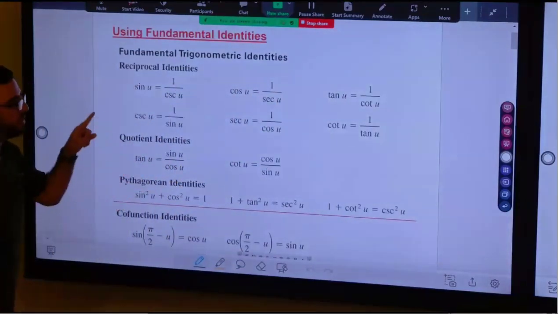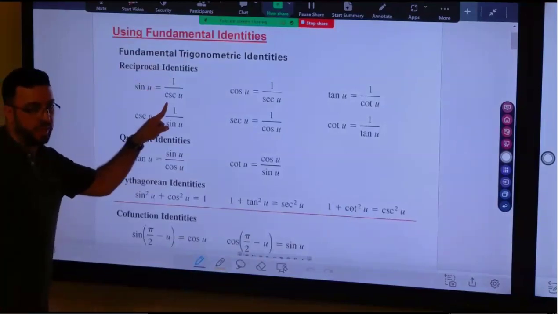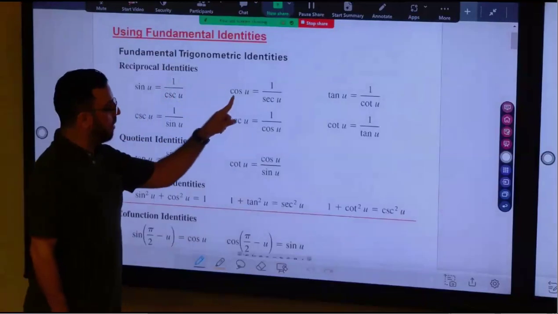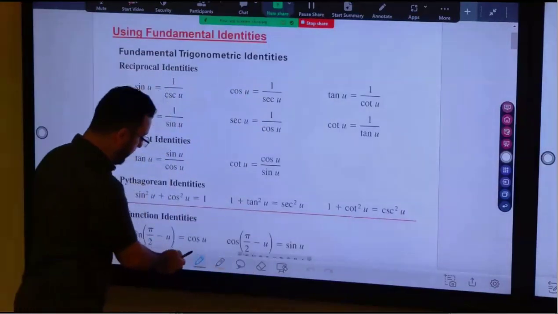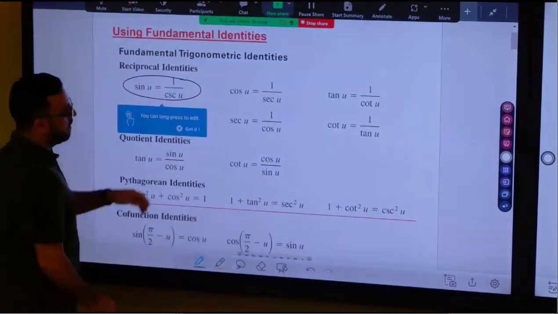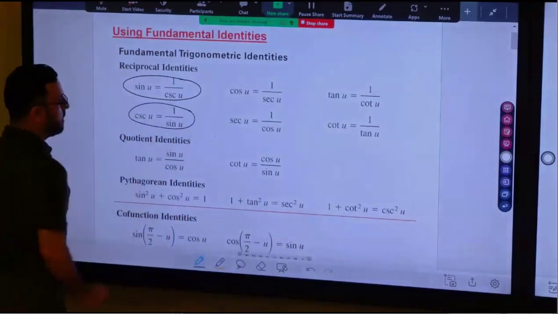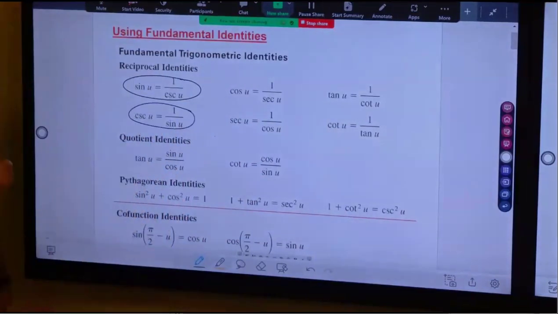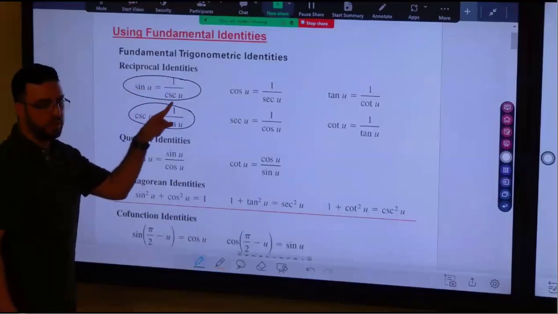And we always know sine is the opposite of cosecant. Cosine is the opposite of secant. So if you look here, this one with the secant, you see these two? One is the opposite of the other. To find sine, I can say 1 over cosecant.